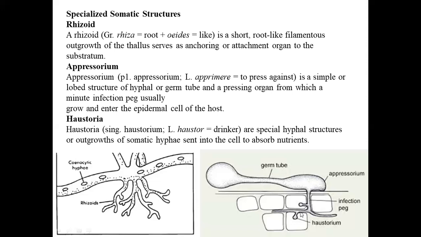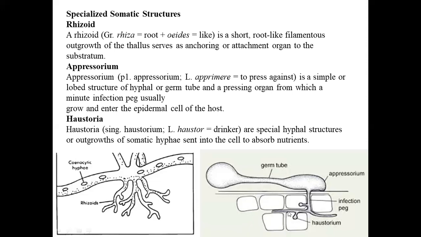The haustoria enter inside the cell and absorb all the nutrition for the development of the fungus, and the fungus rapidly develops to cause the total collapse of the cells or tissues of the host.